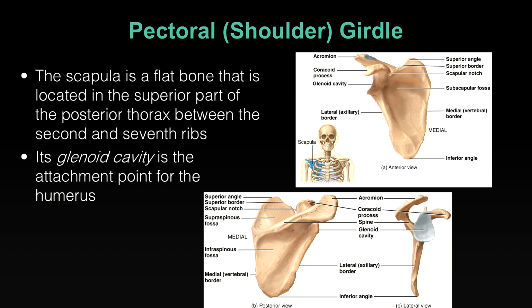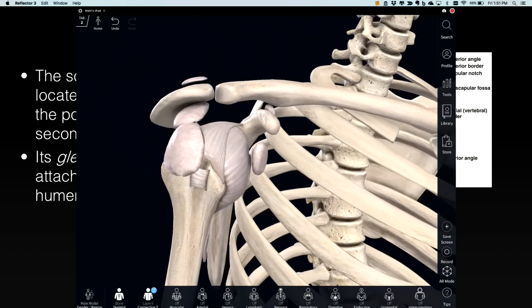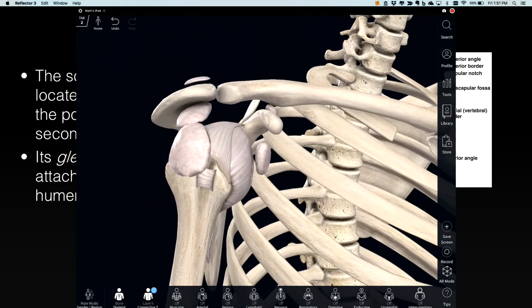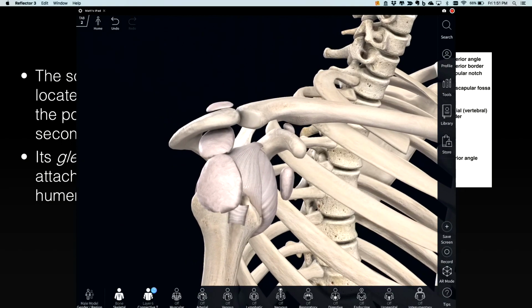So let's take a look, and I wonder, can I do this in a way? Let's take a look here. So we're just looking at the joint, and there's some other stuff here. But don't worry about this other stuff for now. We're going to look at that when we get to the shoulder joint itself.